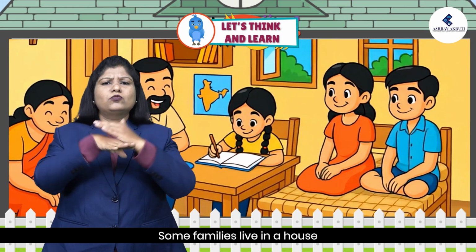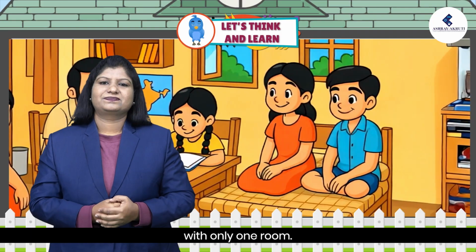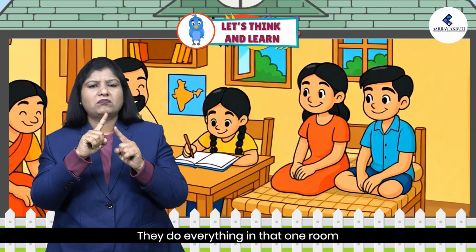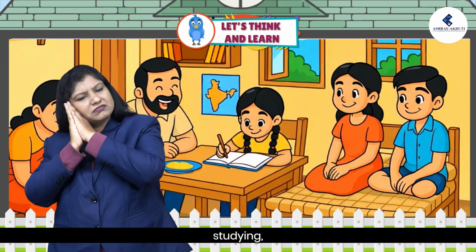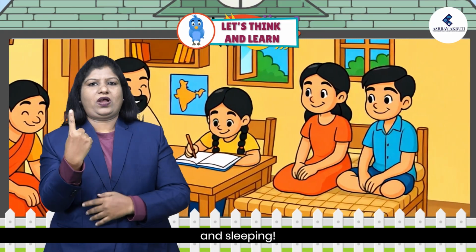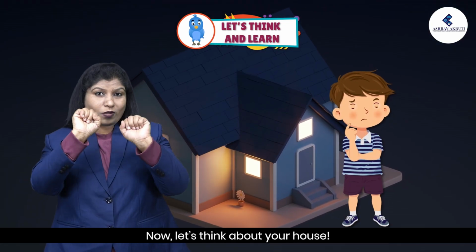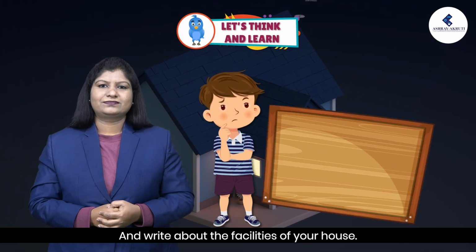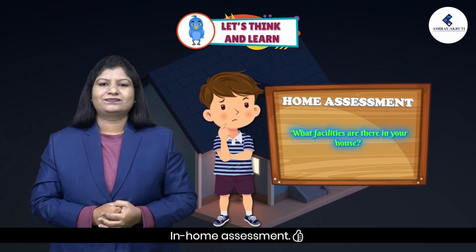Some families live in a house with only 1 room. They do everything in that 1 room. Cooking, eating, studying, and sleeping. Now, let's think about your house, and write about the facilities of your house in home assessment.